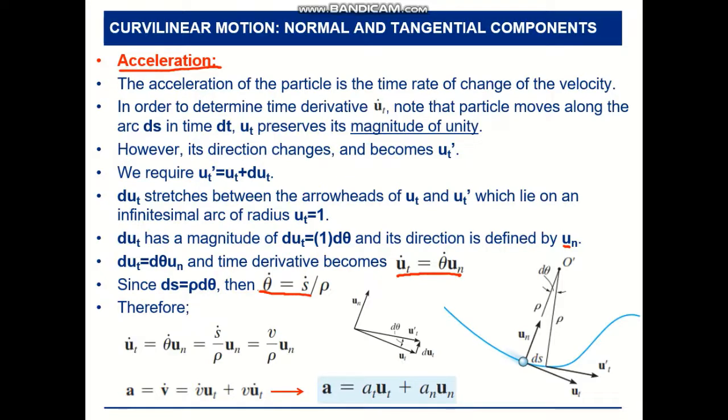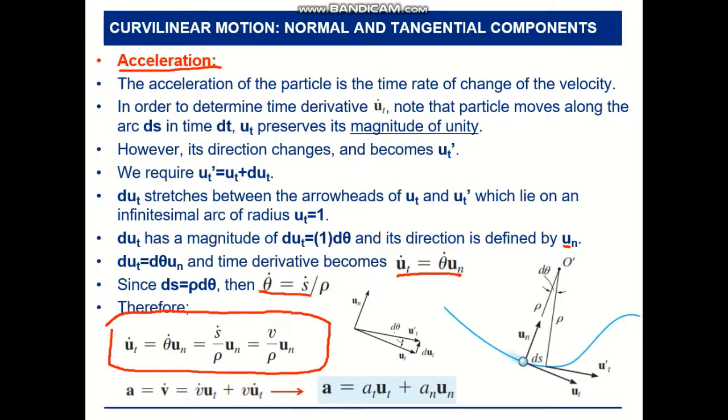At the end, we just need to remember this term: the first derivative of the tangential unit vector with respect to time is theta dot un, which is s dot over the radius of curvature multiplied by the normal unit vector.